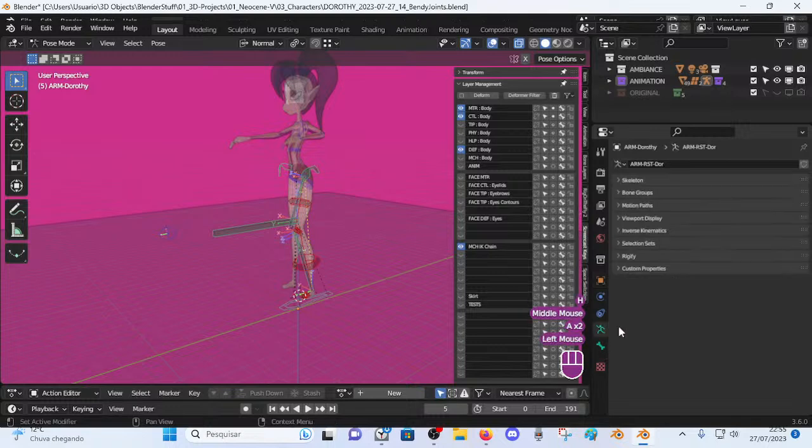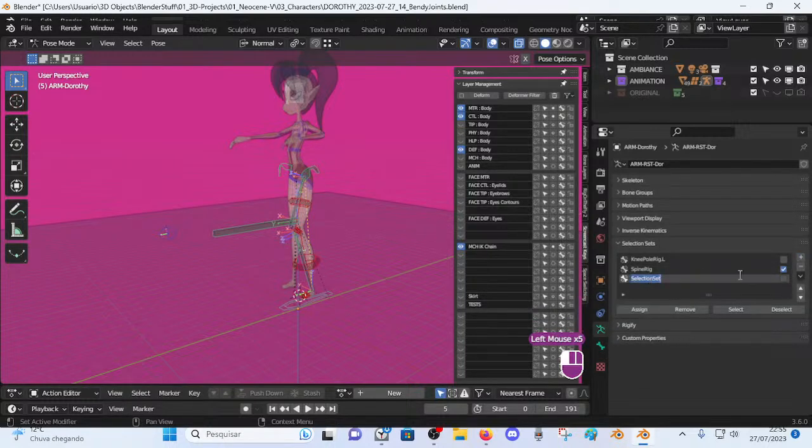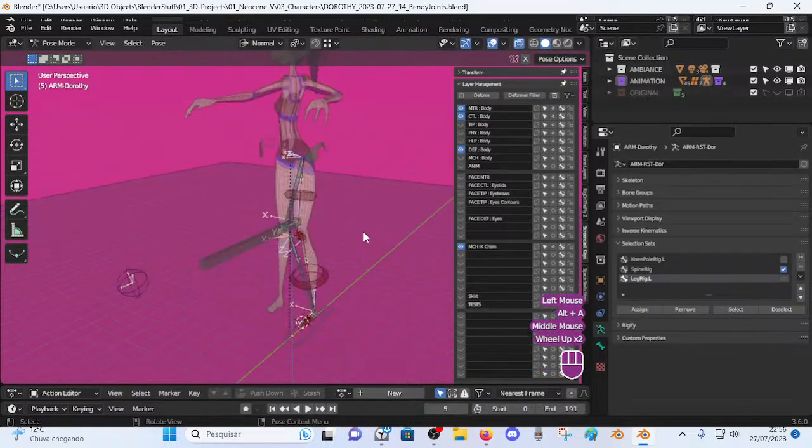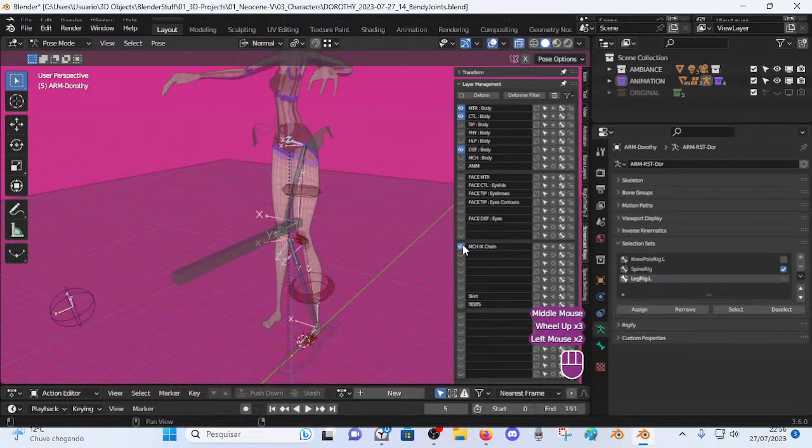And I make a selection set here, so it will be leg rig for the left side, and assign these bones. So now I do not have any issue with that.